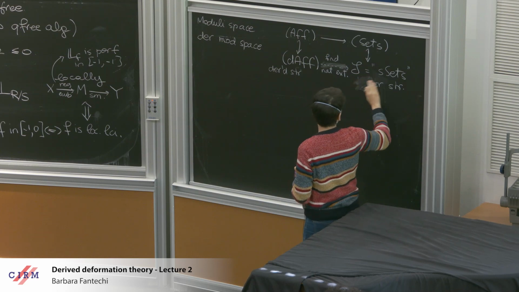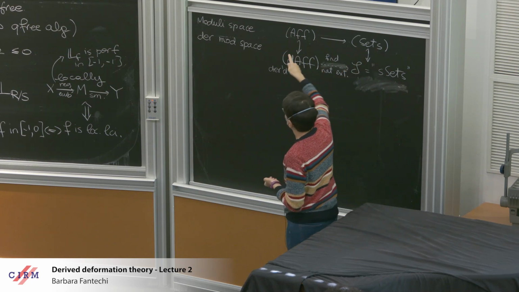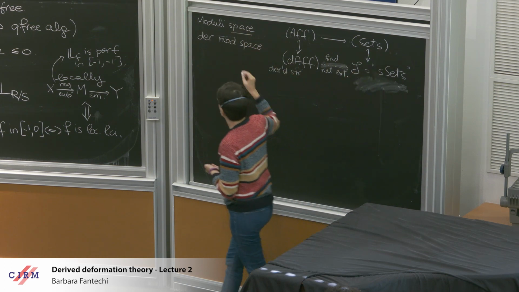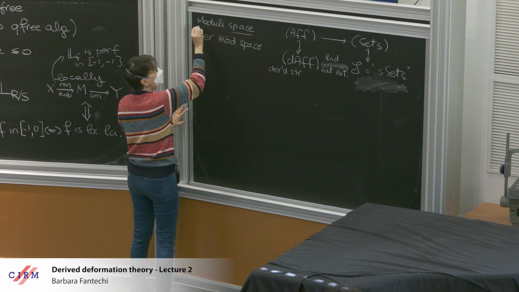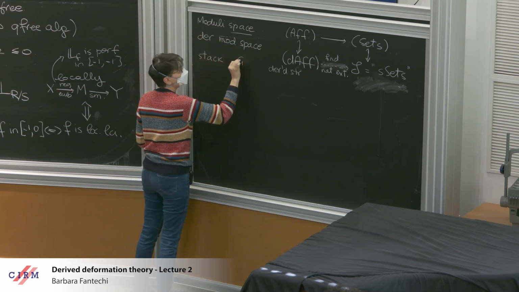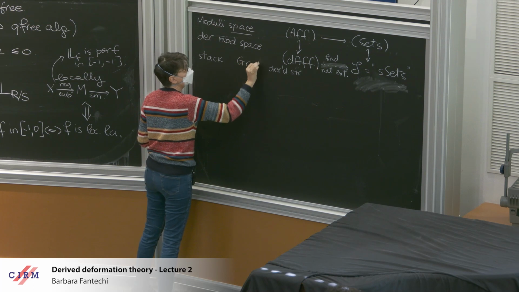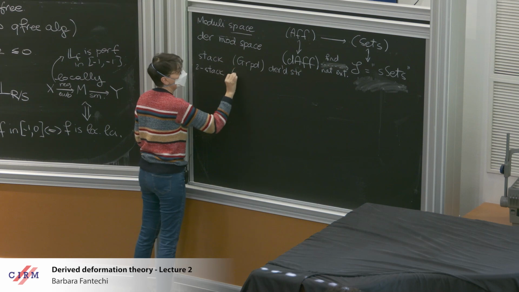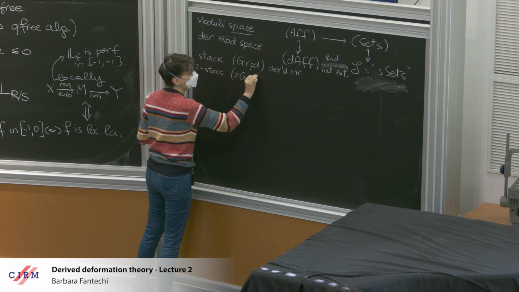In particular, let me put it better: if this is a moduli space, if you go to sets, and before deriving you get a stack; if you go to groupoids, and 2-stacks if you go to 2-groupoids, and so on.